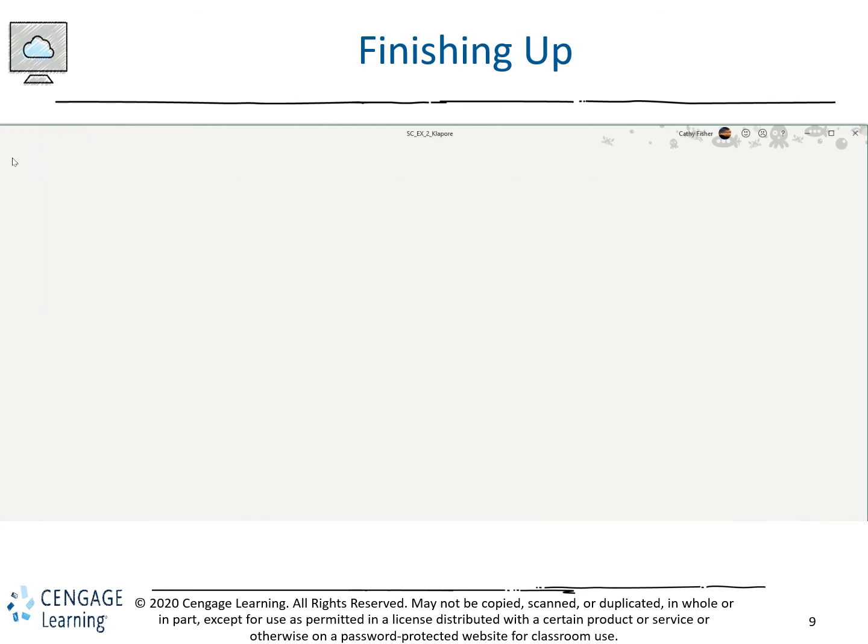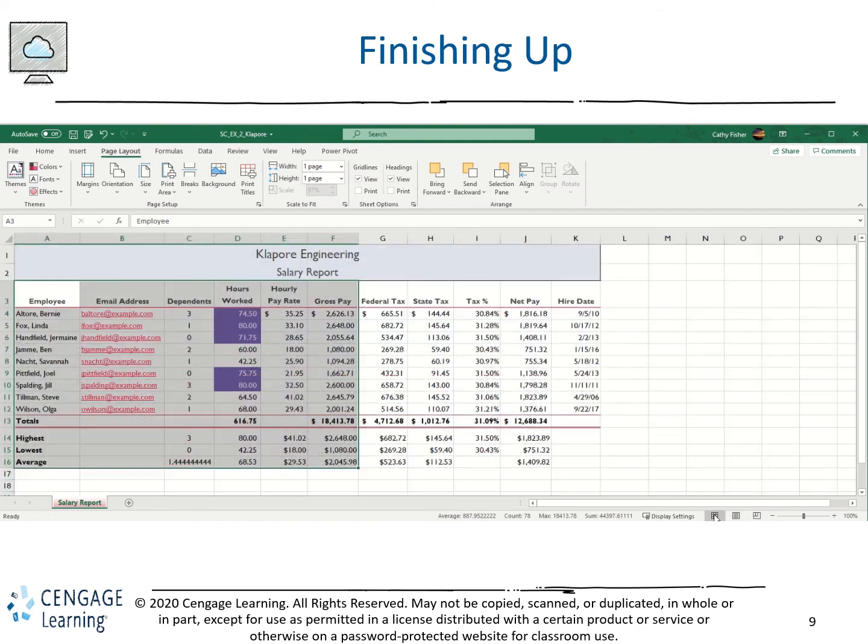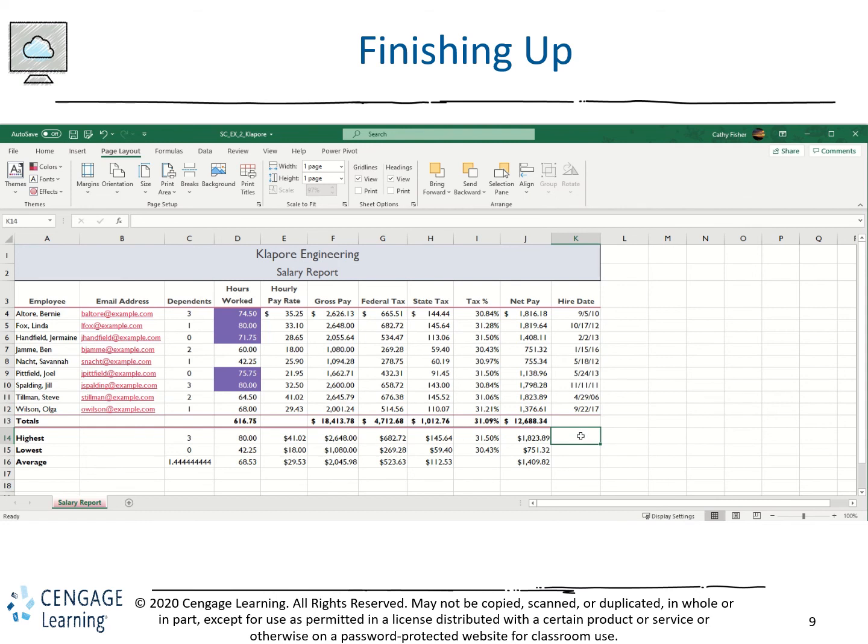So I'm going to go back to my normal view down the bottom here so that it looks kind of normal. And I'm going to click anywhere to deselect the range. And so now I have set it up as landscape view and fits to one page. Should look good.